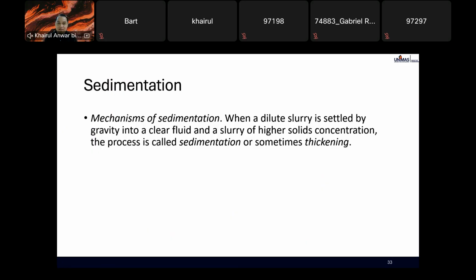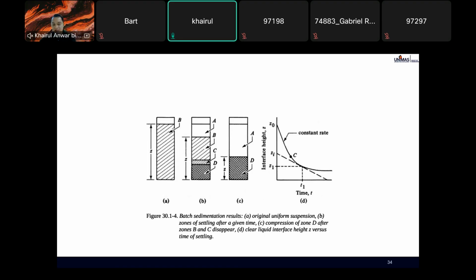Mechanism of sedimentation. When a dilute slurry is settled by gravity to a clear fluid and a slurry of higher solid concentration, the process is called sedimentation, sometimes thickening. This is the batch sedimentation. A is the uniform suspension.